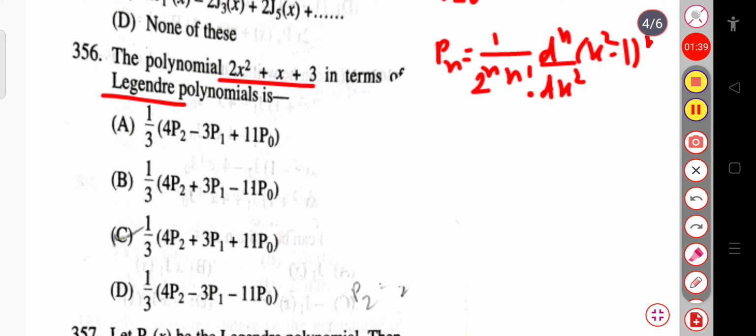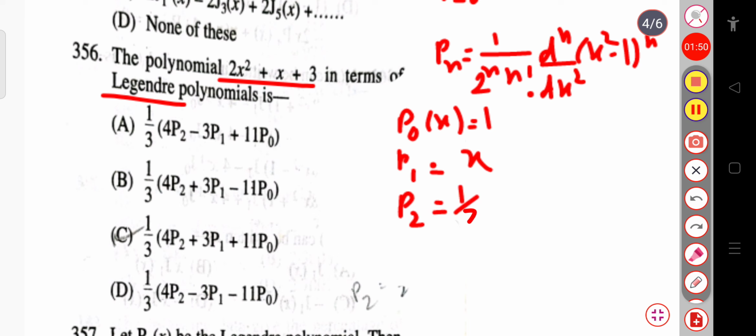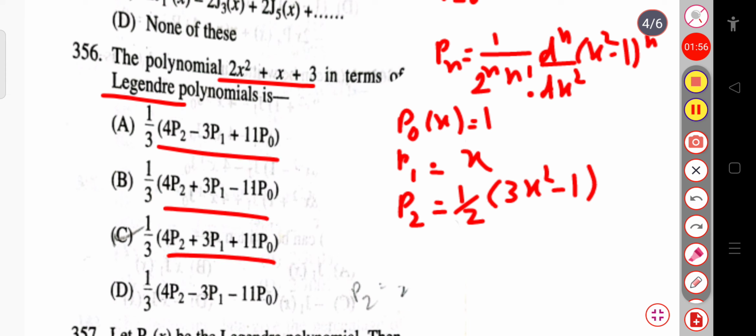It can be written as P0 of x equal to 1, P1 of x equal to x, P2 equal to 1 by 2 into (3x square minus 1) and so on. In the options, P0, P1, P2 representations are given.